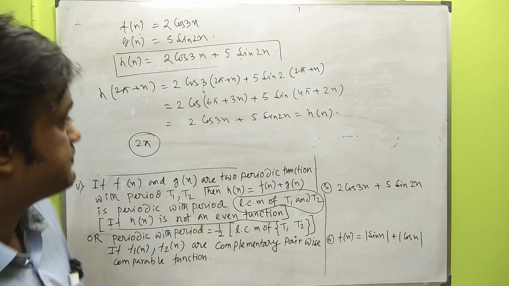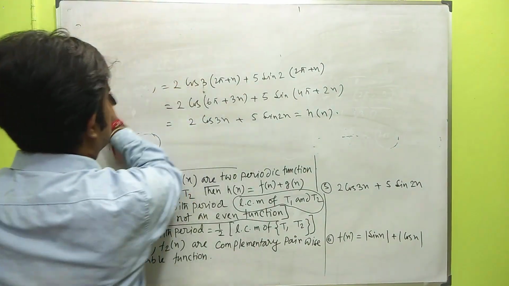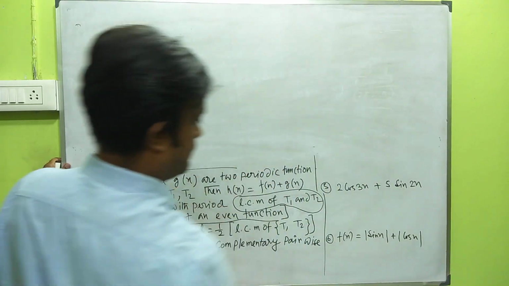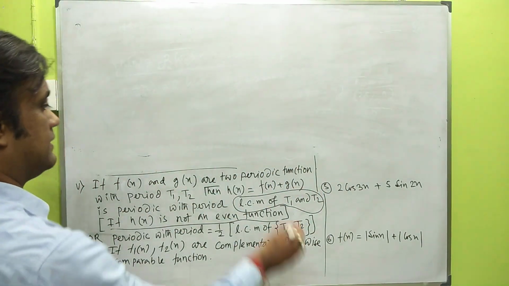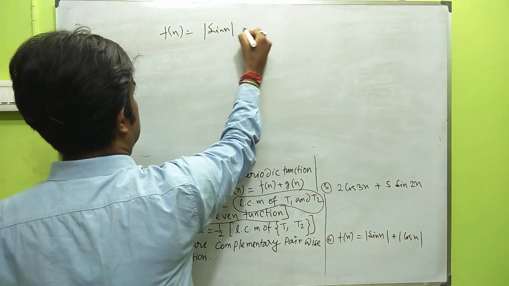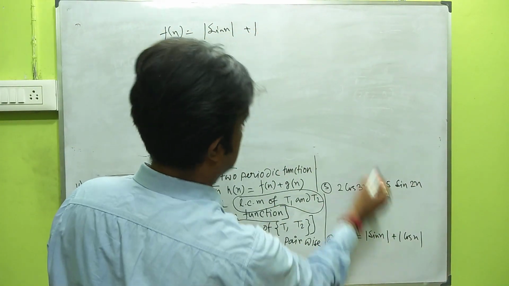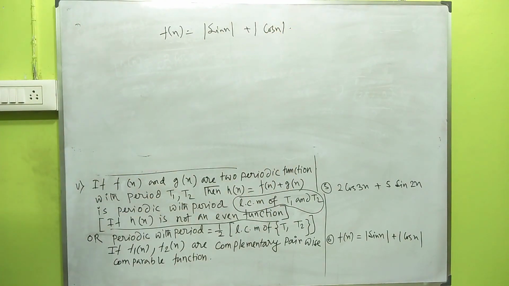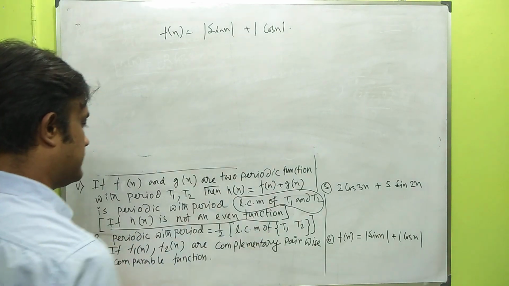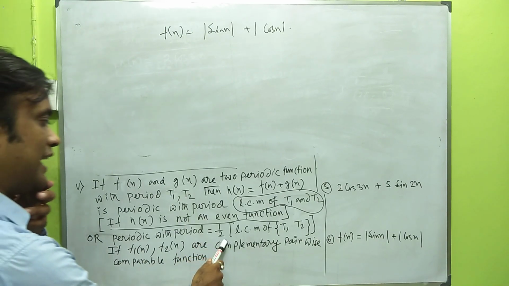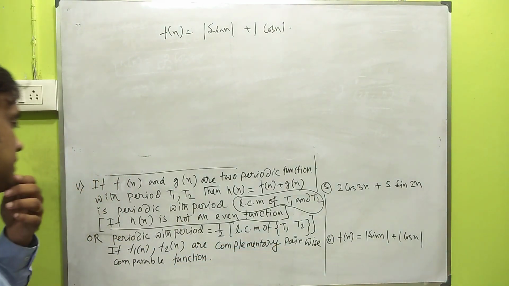Now if a function is defined as f(x) is equal to mod of sin x plus mod of cos x. See the last portion of this explanation: the period will be half of the LCM of T1 and T2.